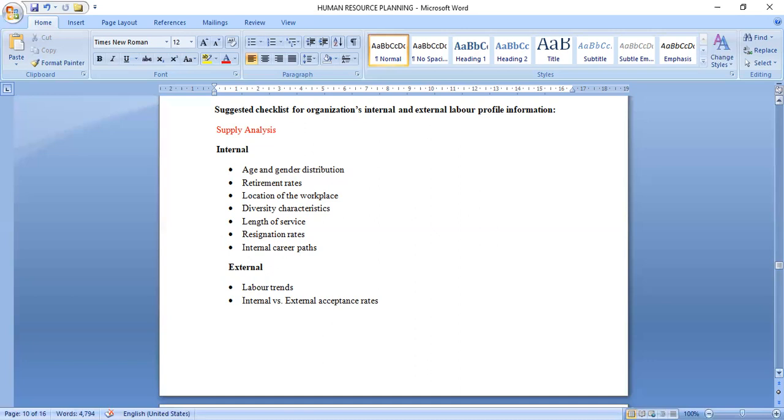It should look at the retirement rates. With the retirement rates, as you're making that job advert, you put the age limits, just to ensure that you get people that are in the rightful age, that will not retire the next year. Then location of the workplace.